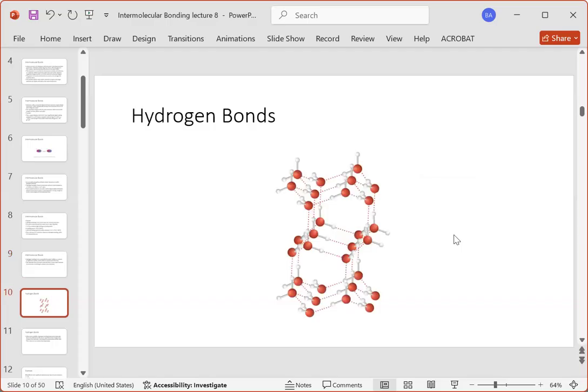So here you see the hydrogens and the oxygens, and you create holes, spaces in there. The white one is the hydrogen, and the red one is oxygen, and they create two holes in between them.